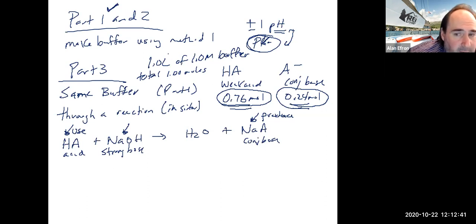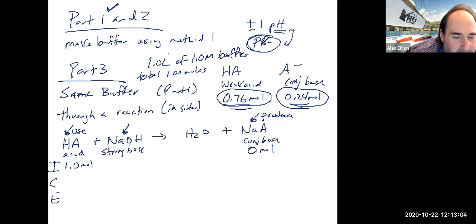So how we're going to do this is we would do an ice table. And again, here we are starting with 1 mole of this guy. And I am starting with 0 moles of this guy.